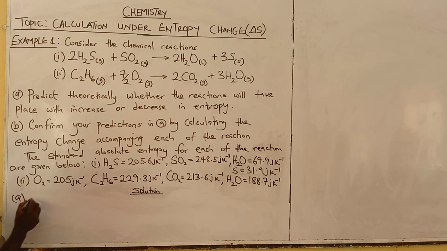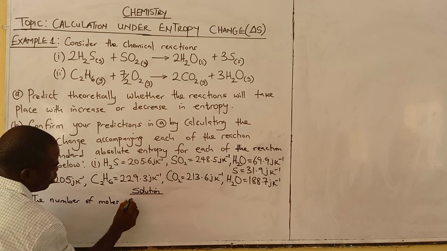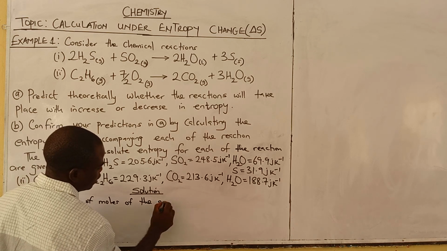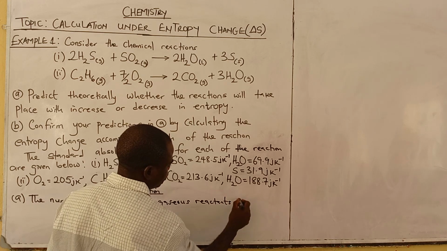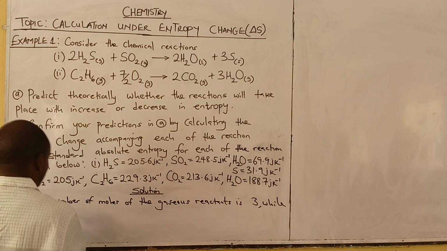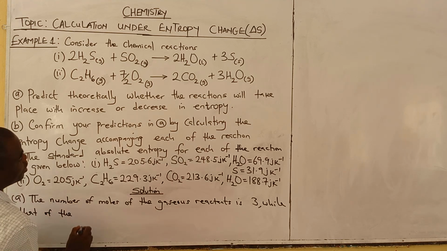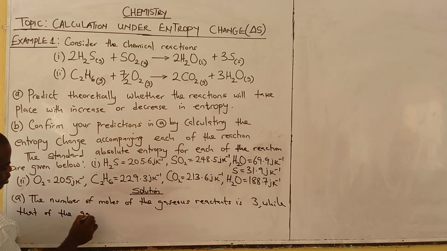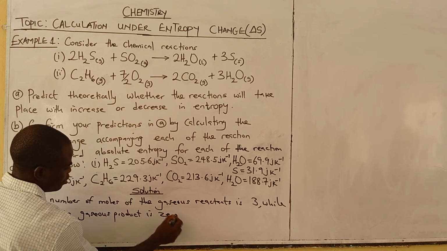For the first part, because we have to get it theoretically, the number of moles of the gaseous reactant is 3, while that of the gaseous product is 0. Why do you say 0?